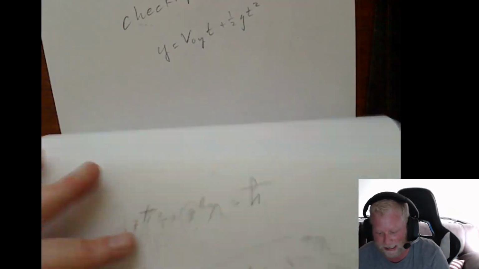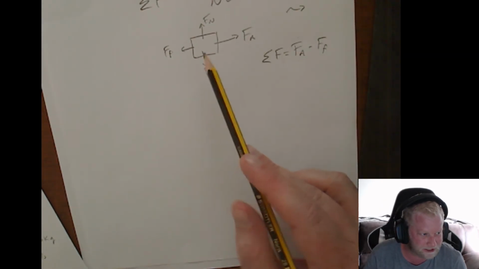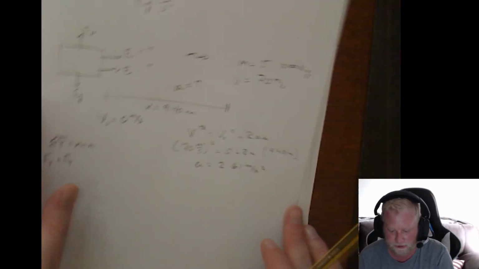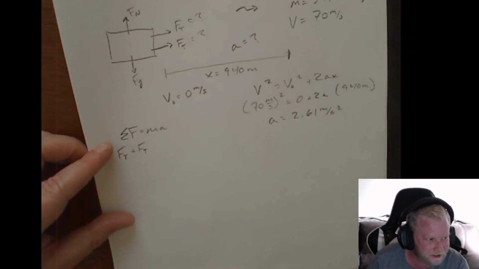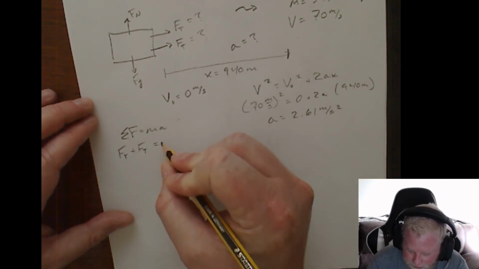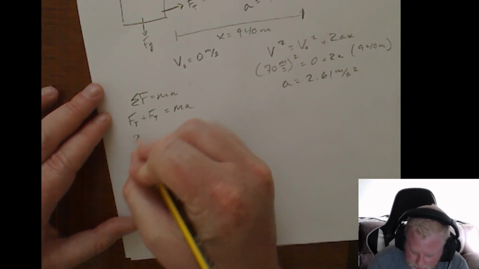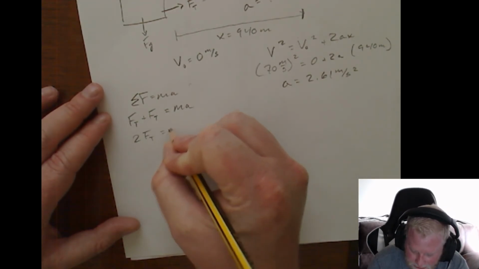Back in the earlier example, we subtracted our forces because they were in opposite directions: one is positive, one is negative. If your forces go the same direction, they're both positive, so they are added. So Ft plus Ft equals ma, or 2Ft equals ma.